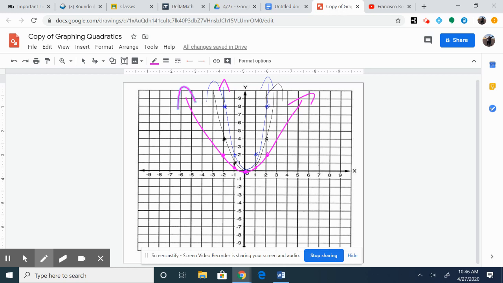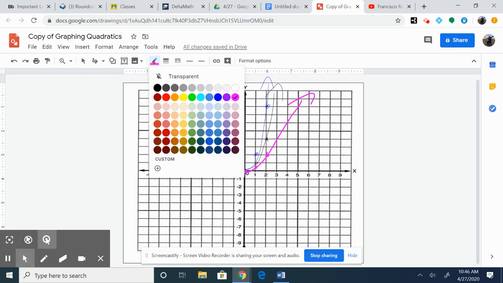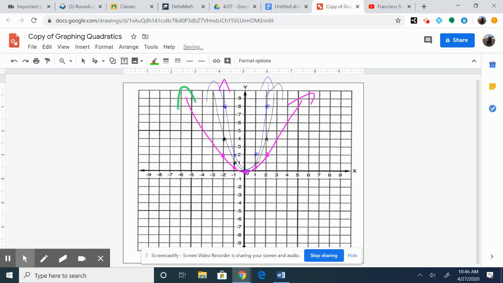So we come up here. Of course, our 2 and then our 16, we can't really see that. So it's out of the screen. I'm going to go ahead and change the color. Go with green. So our -2 and 16 is out of the screen, so we can't really see that.